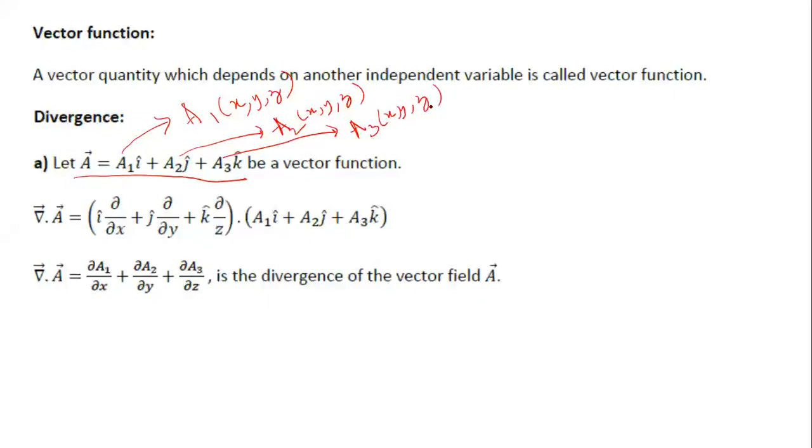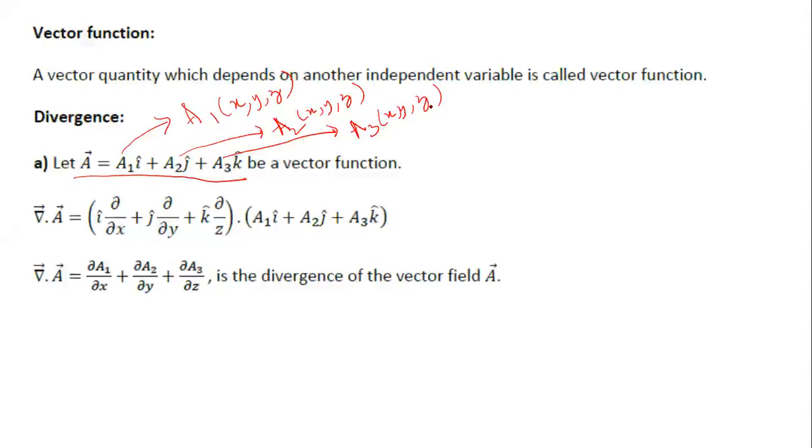So if each component of this vector depends on the space variables, then this vector is your vector function. It is a vector quantity which varies from one point in a particular space to another point in the same space, right?